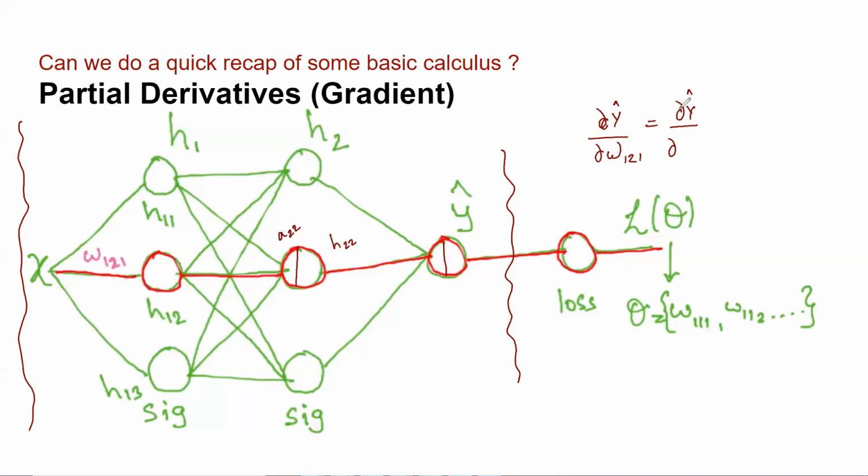Now by chain rule, what I can write here is A3 1, A2 2, and this is H1 2.